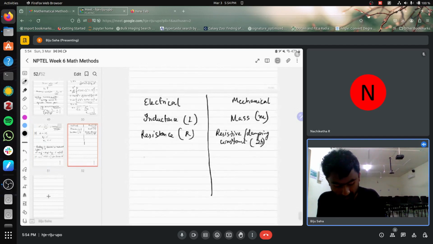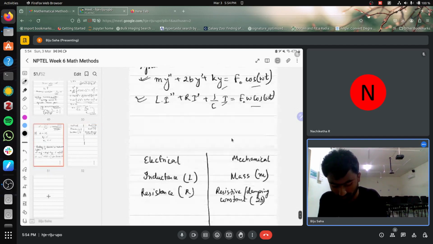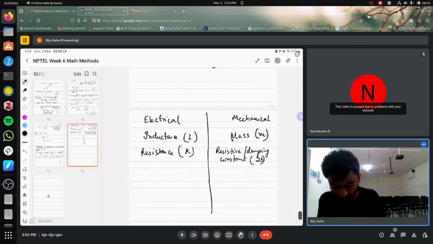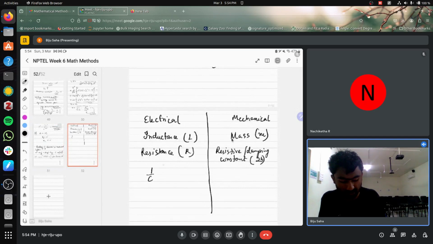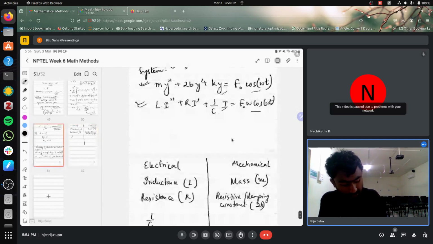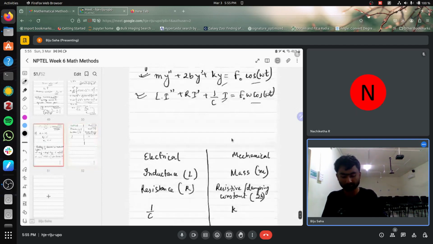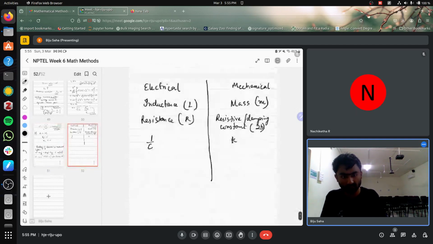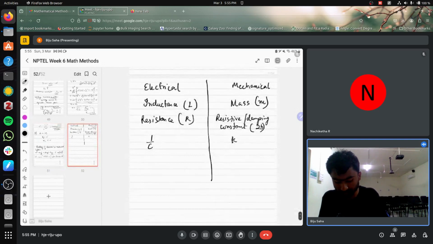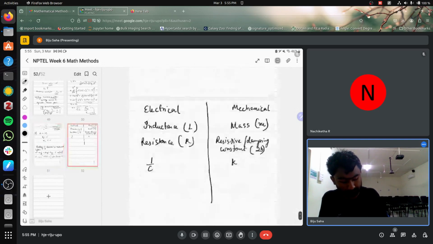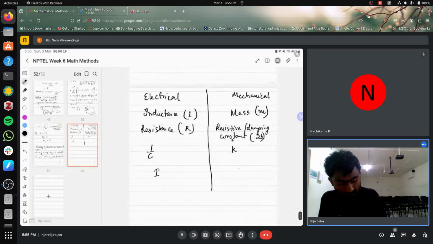Similarly, the 1 by C, that is the reciprocal of capacitance, corresponds to this spring constant K. And also the current I is the displacement in the mechanical system.